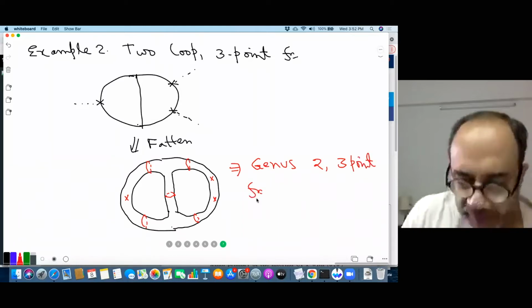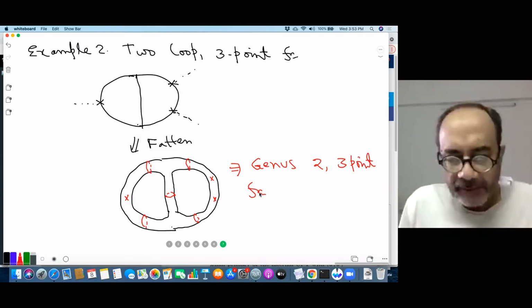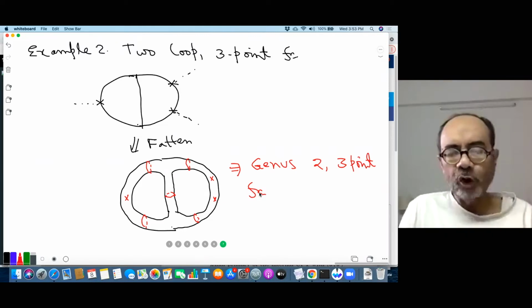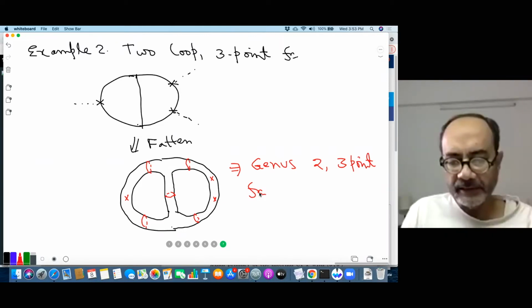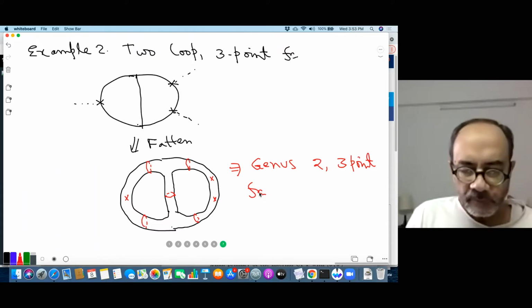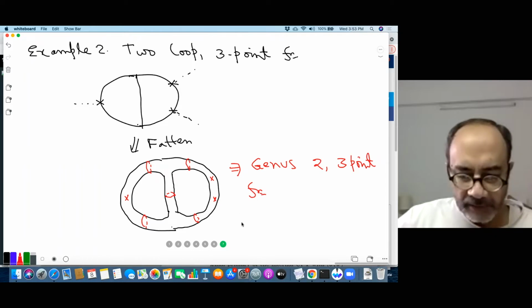So this is the reason we expect that a G loop amplitude in string theory should be given in terms of some genus G correlation function. Okay. But now we have to ask, what is a precise dictionary? Okay. So we need to know what is a precise dictionary.